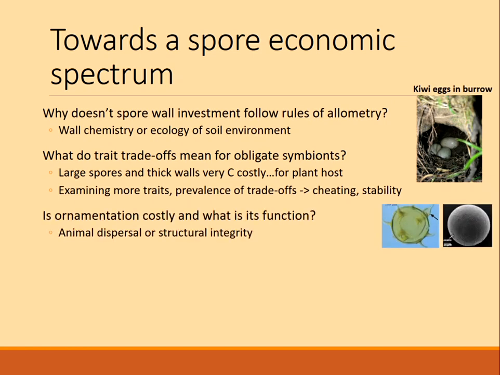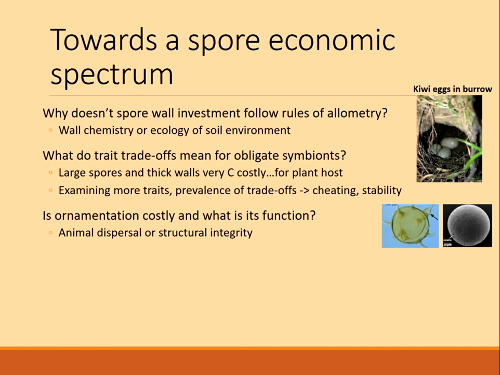We were really excited also about this ornamentation finding, particularly because we don't know what ornamentation does. Is it costly? What is its function? There's been speculation that ornamentation relates to animal dispersal, or maybe depressions are related to structural integrity. They kind of help hold the shape of this sphere, these rather large single cell spheres.